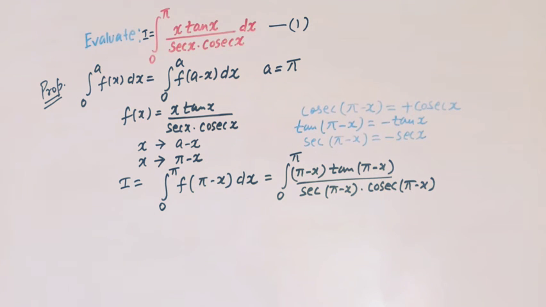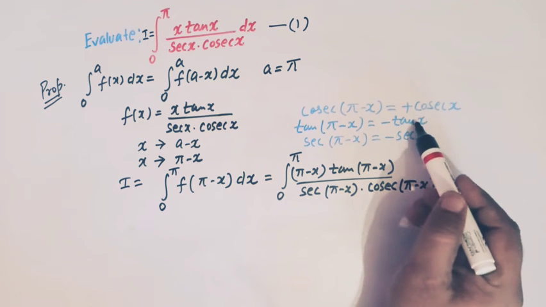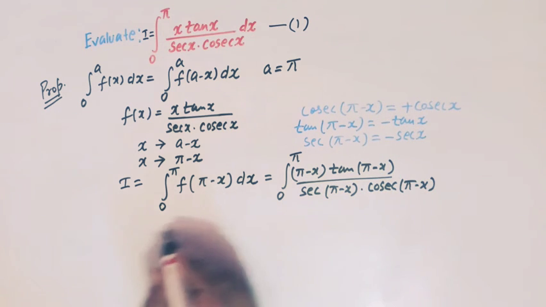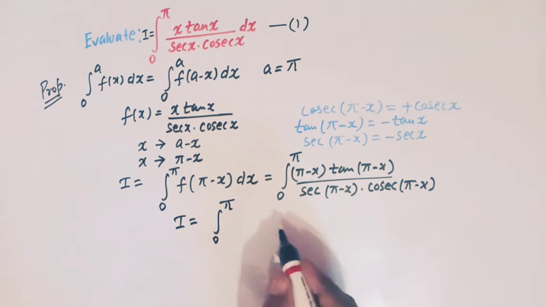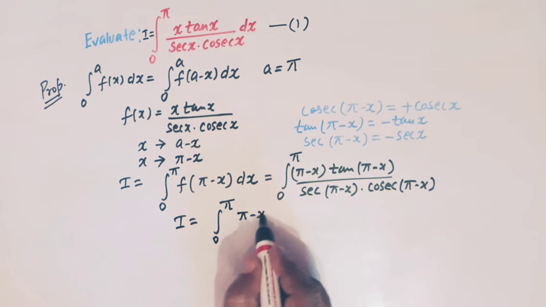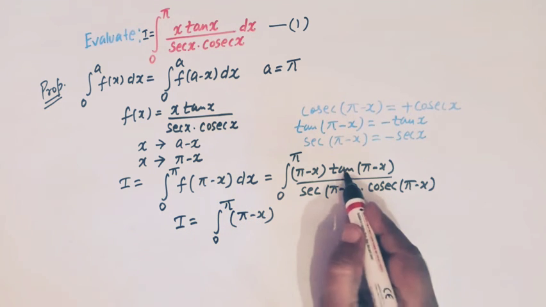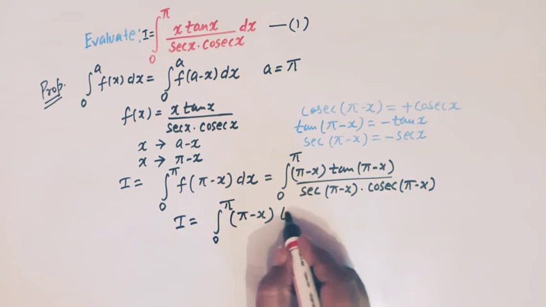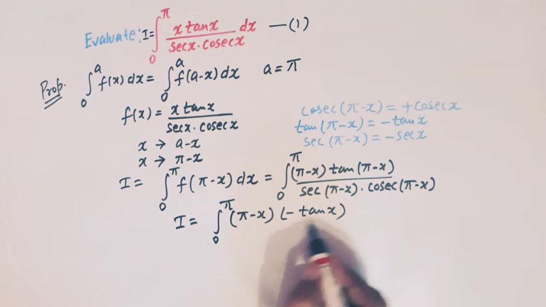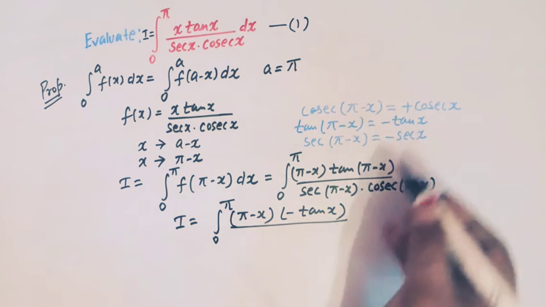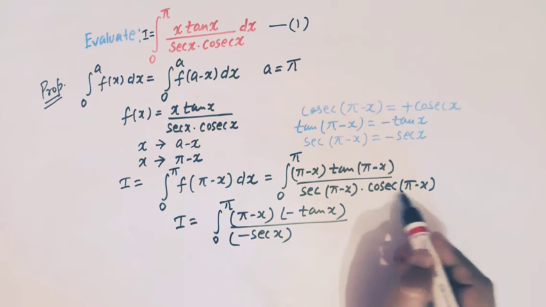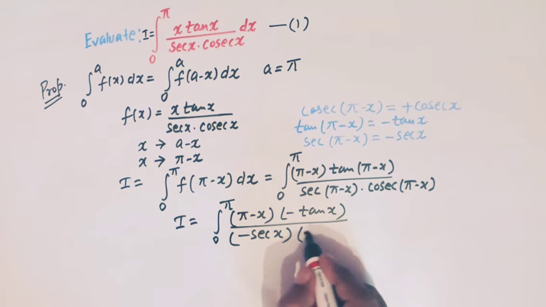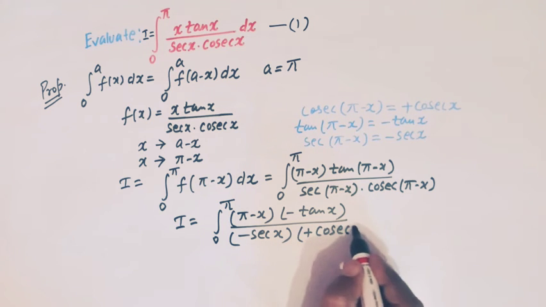and cosec of pi minus x is equal to plus cosec x, right? So if we replace these expressions with these ones, then I can be written as integral from 0 to pi, and here we have pi minus x. Tan of pi minus x is minus tan x, and sec of pi minus x is minus sec x, and cosec of pi minus x is plus cosec x, right?